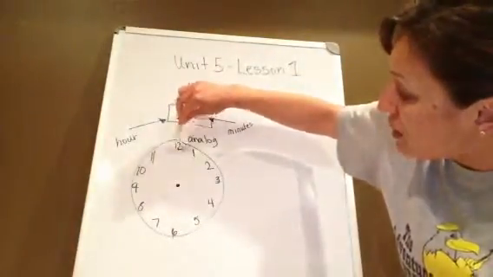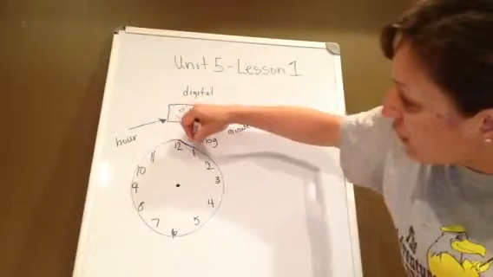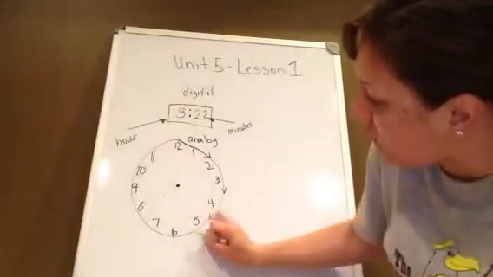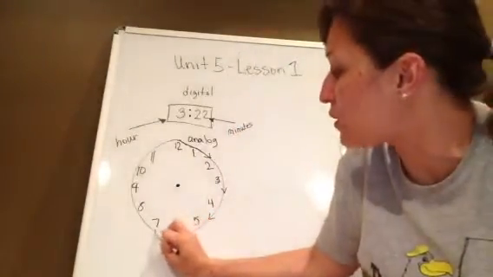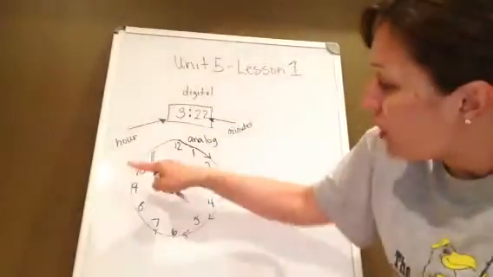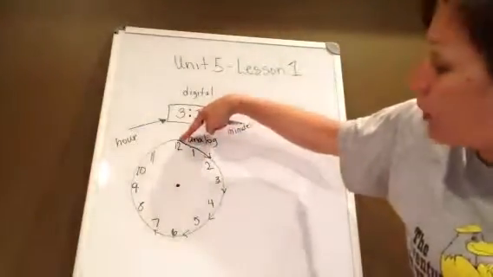I know that the numbers on the clock, they start here at the top, and they go this way. See how my arrows are showing you which way it goes? Time on a clock goes this way. It goes in the order that makes the numbers get bigger. When it goes all the way around, then we know that's 1 full hour.